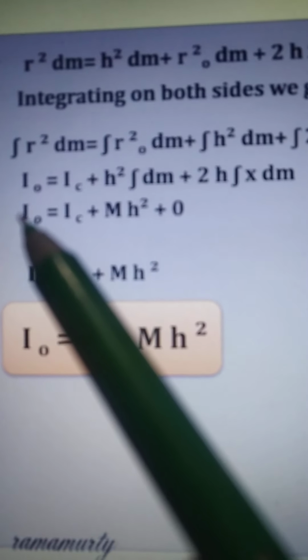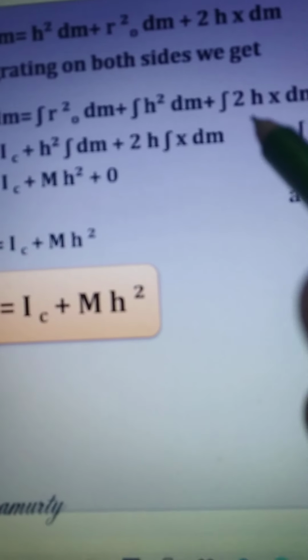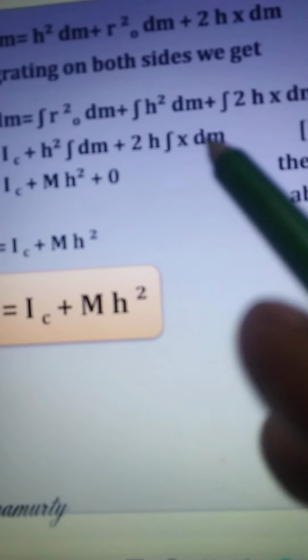Now solving the integration. Integration of R square dm is nothing but I naught, the moment of inertia about the axis passing through the O point, correct? And integration of R naught square dm is the moment of inertia of the body about the center of mass. H square is a constant term, so we take it outside the integration: H square integration of dm plus 2H, again H is constant, integration of x dm.